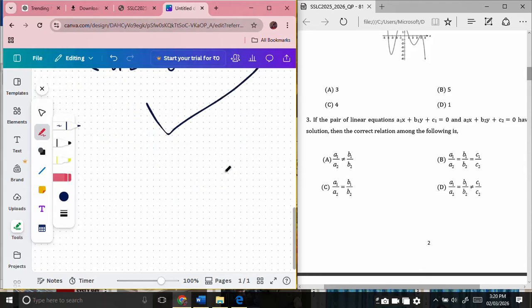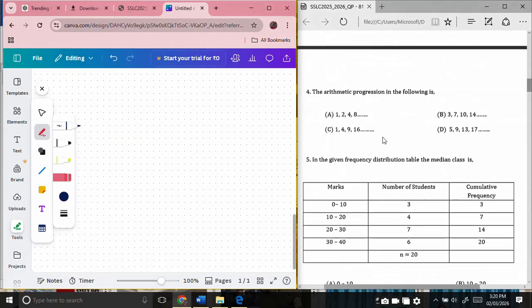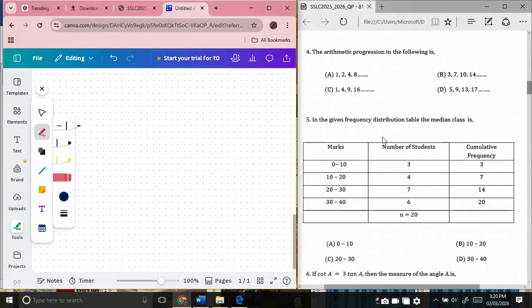Clear? Next is the fourth one. What is the question? Which of the following is an arithmetic progression? The options are 1, 2, 4, 8; 3, 7, 10, 14; 1, 4, 9, 16; 5, 9, 13, 17. Here you can see the common difference should be the same in an arithmetic progression.